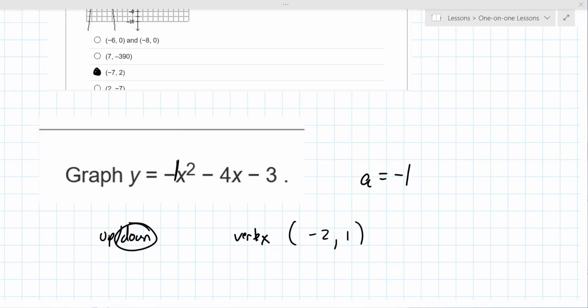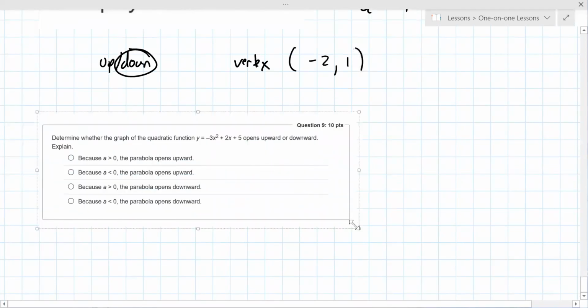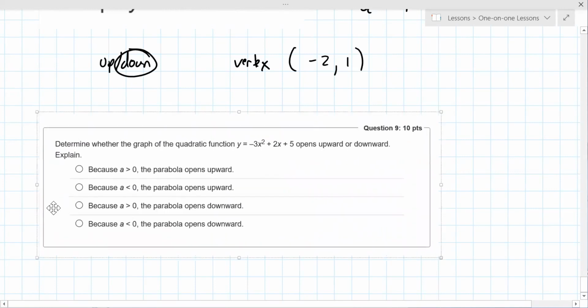All right, so this problem, you know the answer to this when you see it, because I've asked you to do this several times. It's determine whether it opens up or down. What I haven't asked you to do is explain why for the answer, but I need you to do that here. This is the total definition. So give this one a try and see what you come up with.